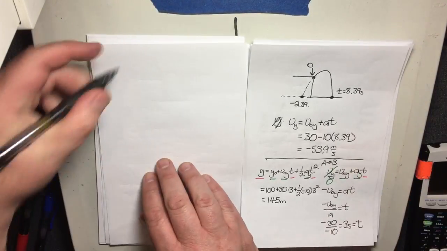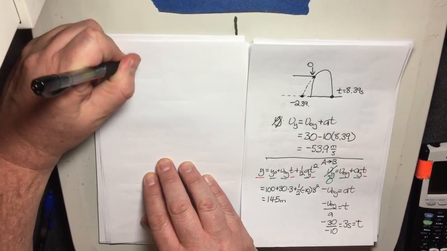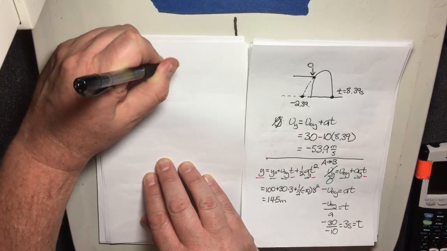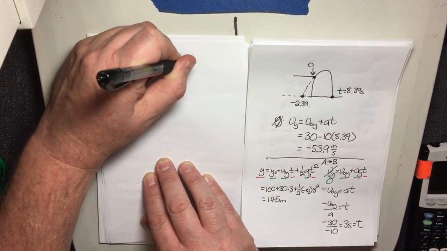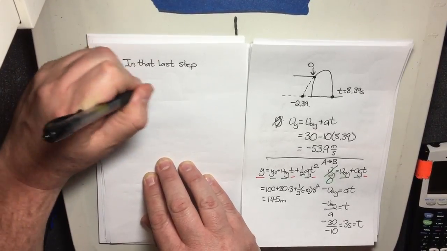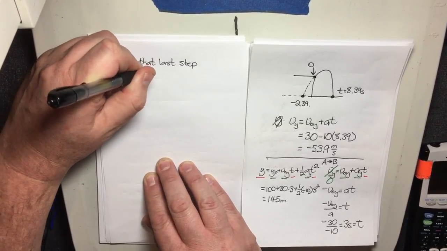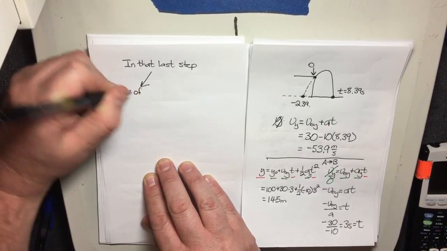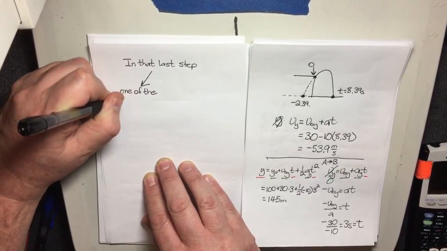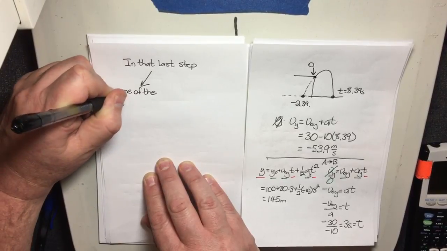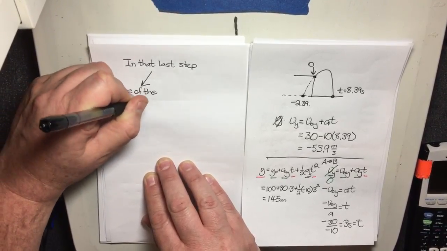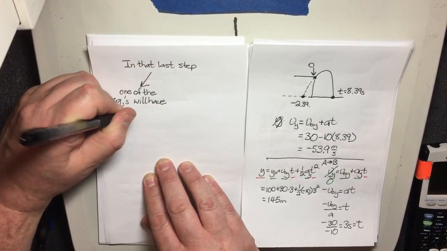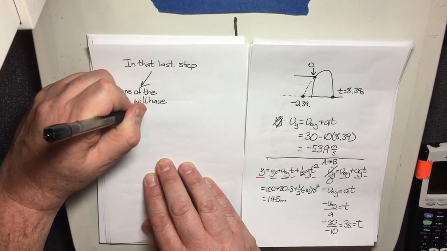So in that last step, one of the equations will have one unknown.